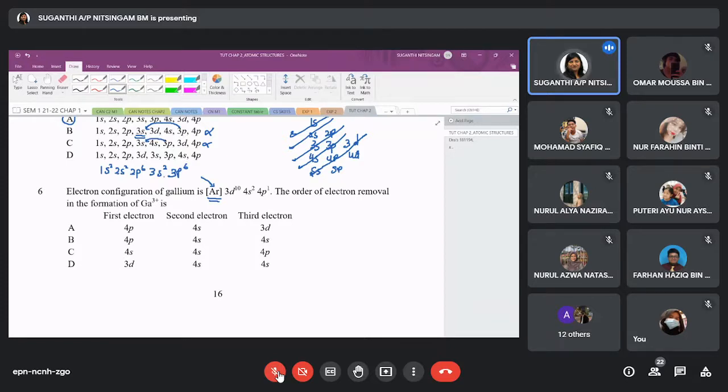Which is your answer? Cepat. Jawapan kamu? Encik Giri, apa jawapan kamu? Sorry, you kata jawapan dia A. Siapa kata jawapan dia A?